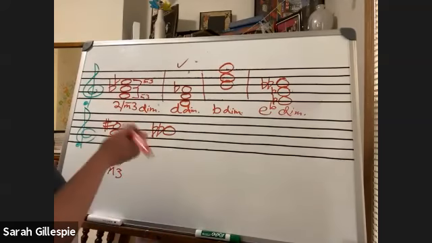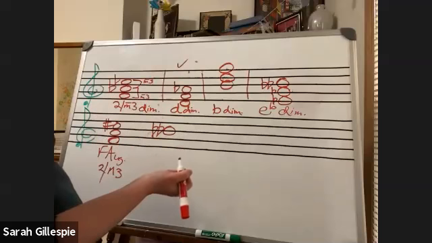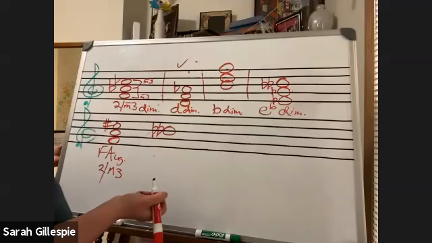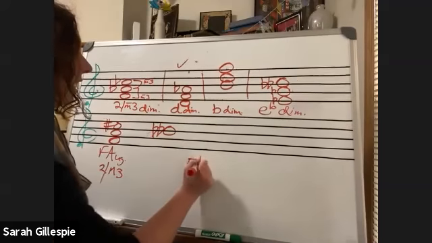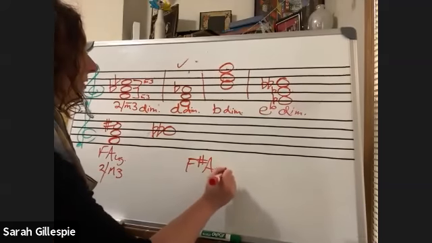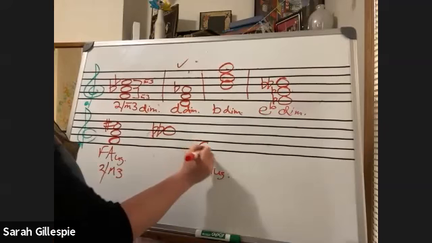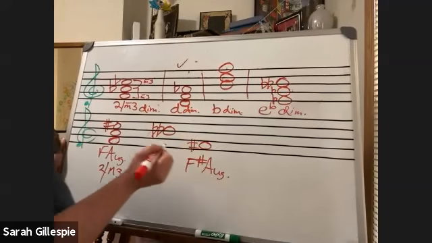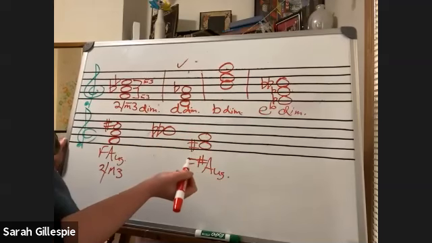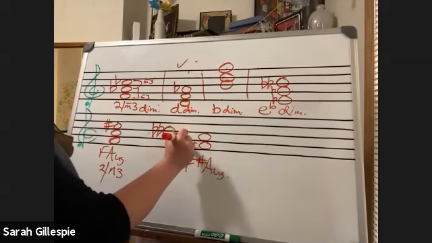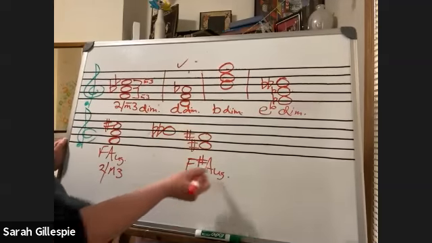Now, if we had a double sharp, where that might become a thing is if we have, say, an F sharp augmented chord. You have an F sharp, and then an A, which would definitely be an A sharp because there is an A sharp in the key of F sharp.